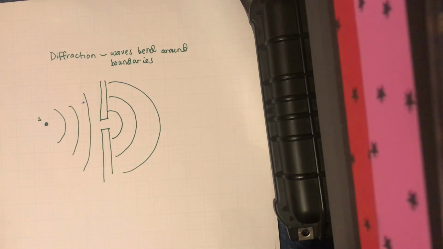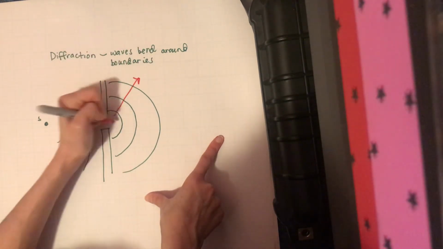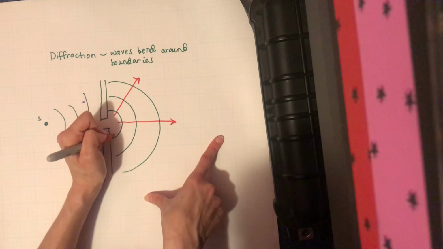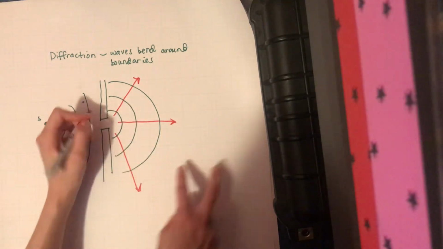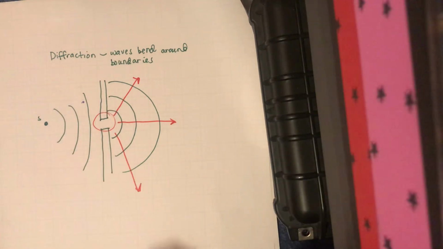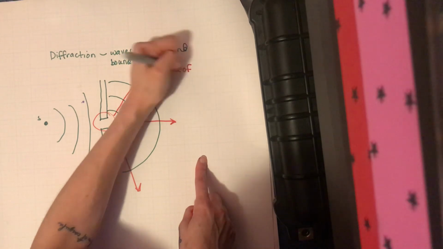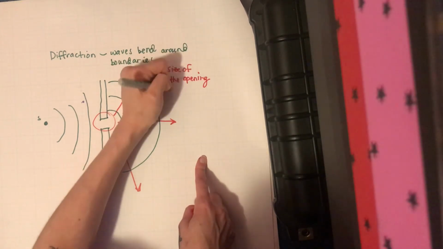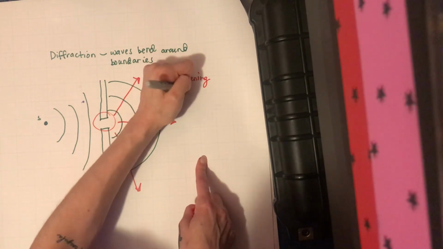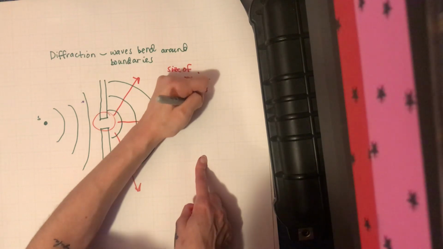Okay, so the degree to which the wave is going to bend around a boundary is determined by the size of the slit here. The size of the opening determines the degree of diffraction.